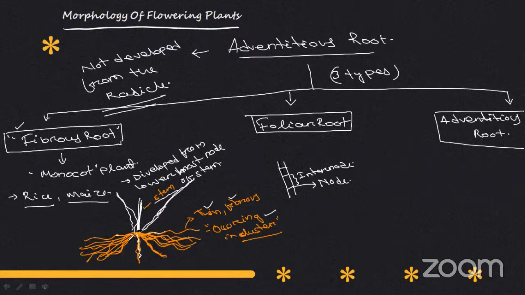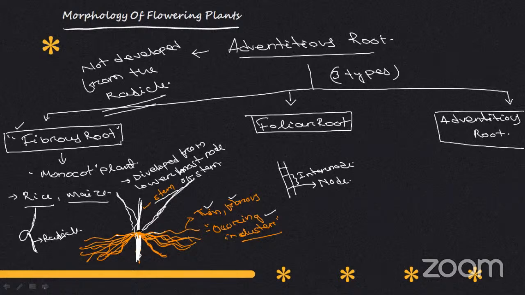But in case of this monocot plant, what happened to this taproot? Suppose this is the seed of the rice. For the first time, when the rice plant grows, first of all the radicle is formed.